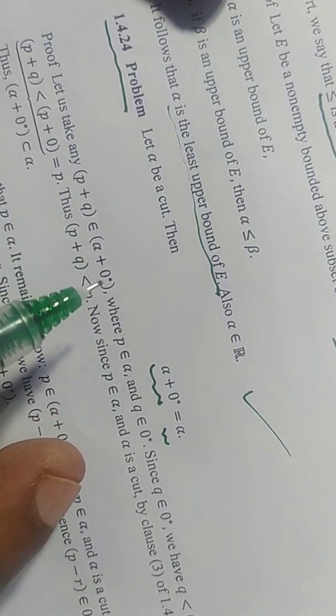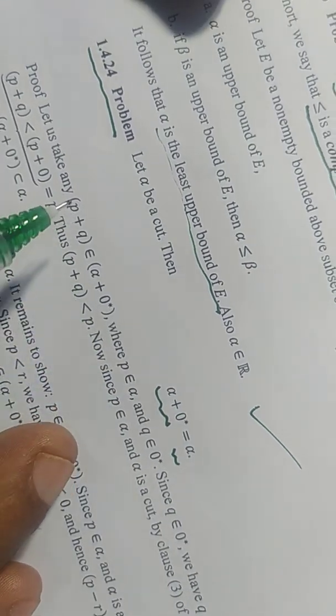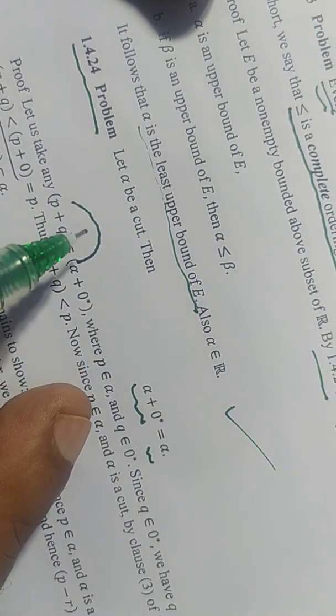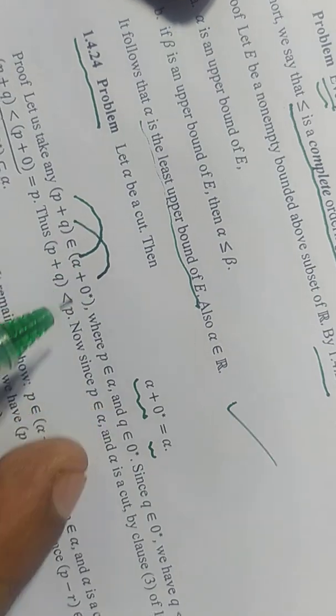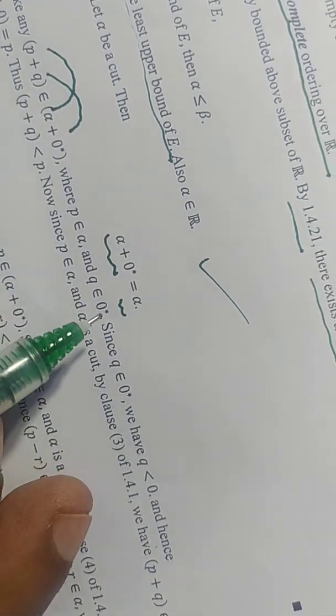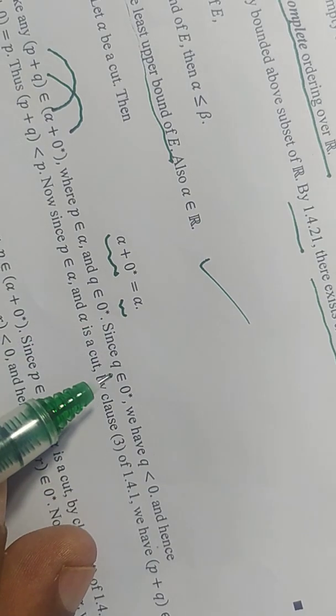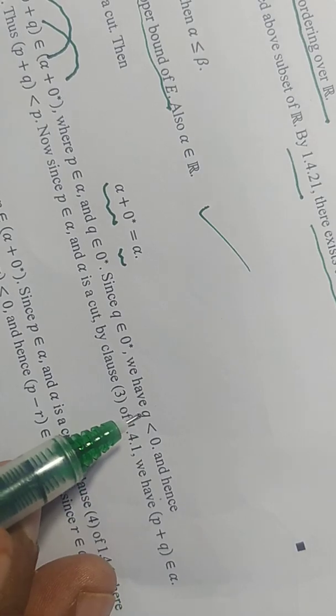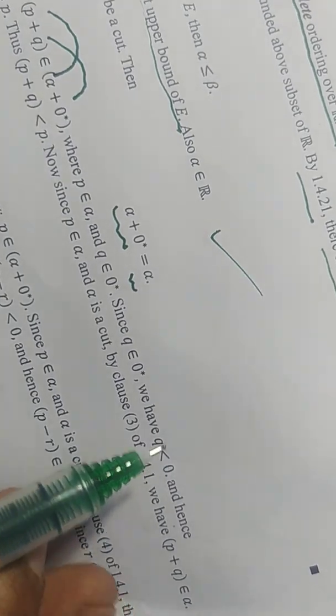Members of the left set are of the form P plus Q, where P belongs to alpha and Q belongs to 0 star. Q belongs to 0 star, it means Q is smaller than 0, meaning Q is a negative rational.